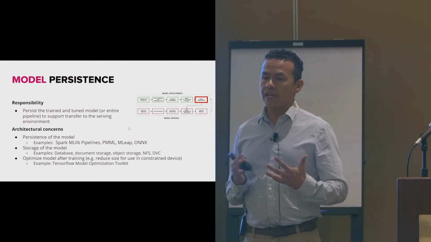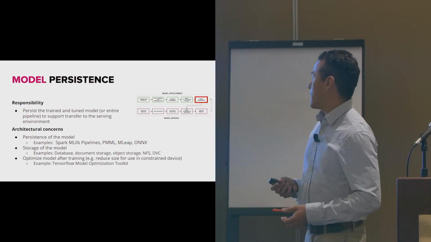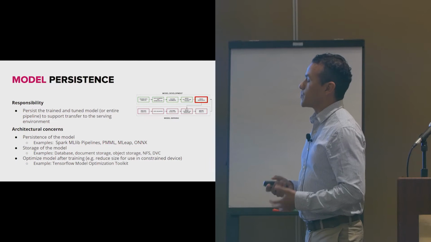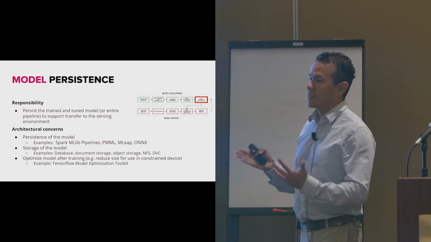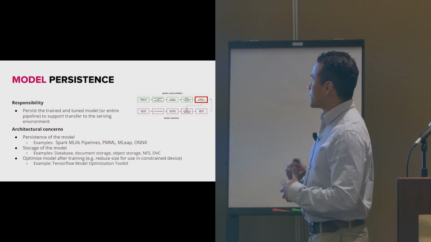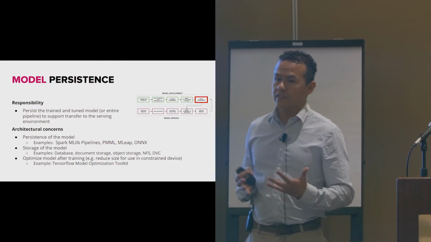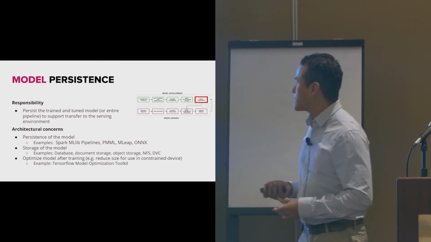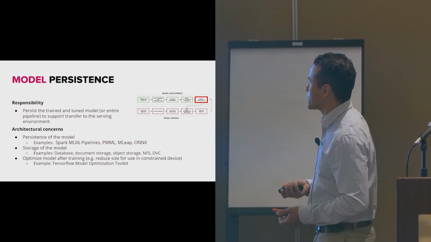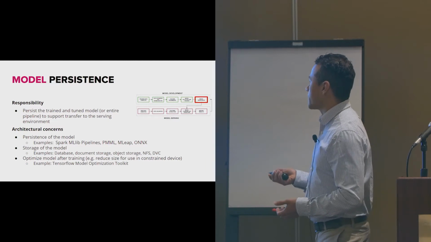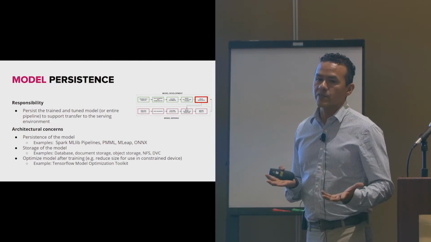Finally, once the model has been trained and tuned, it's necessary to persist this model so that we can send it to the serving environment. Again, there are several design decisions that can be made here to support this concern. Some of the decisions involve how we will persist the model.